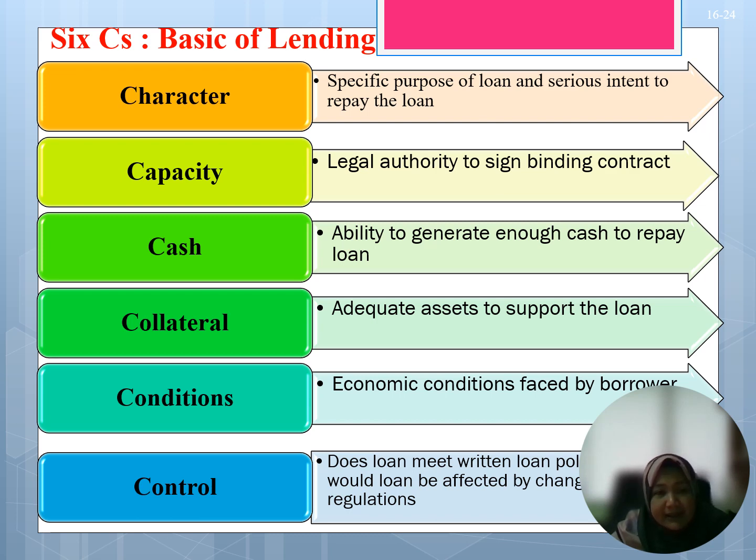Next, the most important is cash. What is the meaning of cash? The bank needs to check whether the customer has the ability to generate enough cash to repay the loans. For example, they want to borrow 100,000.